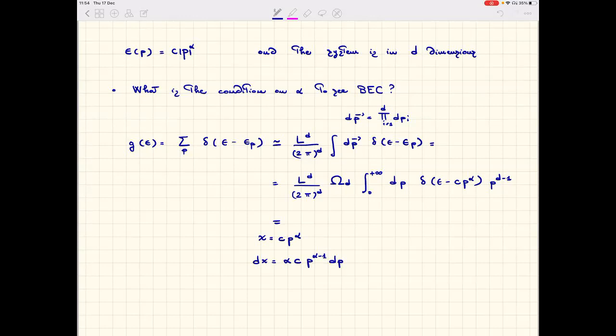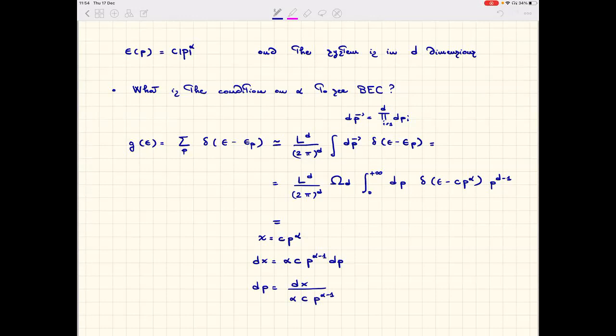So let's do things carefully: dp equals dx over alpha c p to the power alpha minus 1.